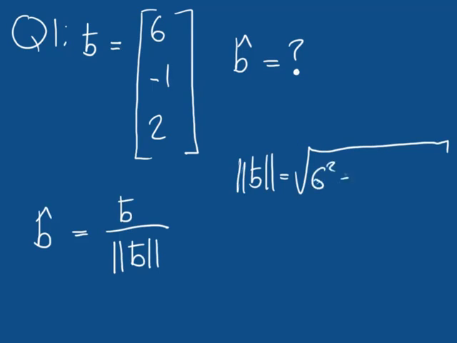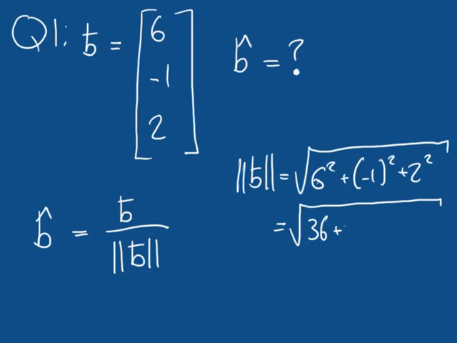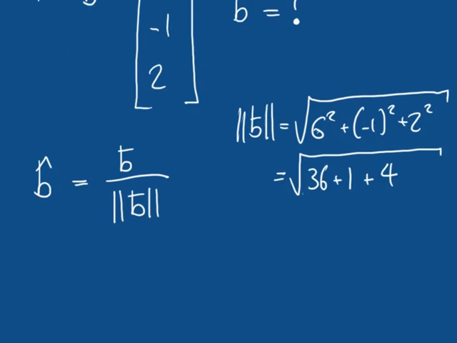So 6 squared plus minus 1 squared plus 2 squared, which is equal to the square root of 36, plus minus 1 squared is positive 1, so plus 1, plus 2 squared is 4, so plus 4. This is equal to the square root of, well, 36 plus 4 is 40, plus 1, 41.